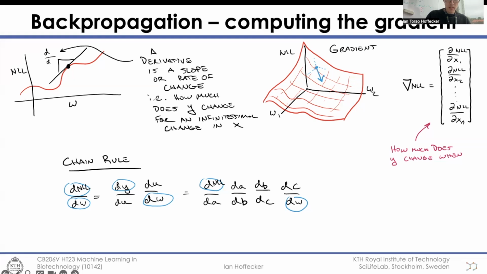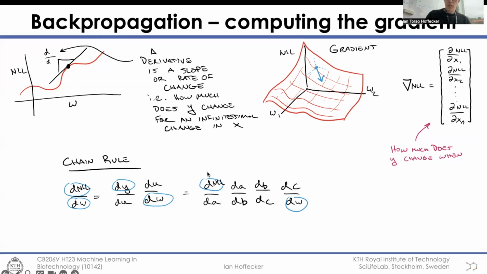So dNLL du times du dw here. The way you think of this is that the intermediates cancel out, being on top and bottom of these fractions. And you can chain several of these together. So here, the A's cancel, the B's cancel, the C's cancel, and we're left with dNLL dw.